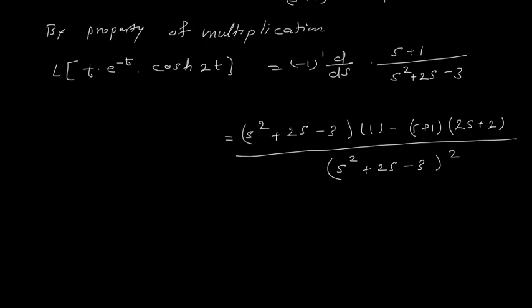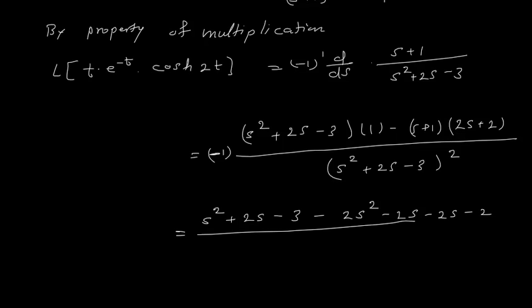In the beginning I have minus 1, so I will put the minus sign. Now I simplify. In the numerator I have s square plus 2s minus 3, then minus s into 2s is minus 2s square, then minus 2s, then again minus 2s, then minus 2, whole divided by (s square plus 2s minus 3) the whole square.